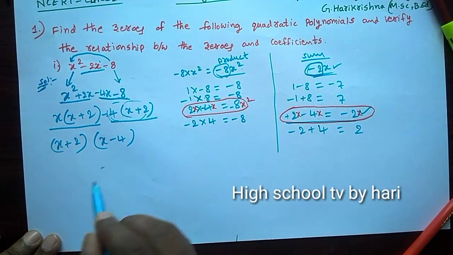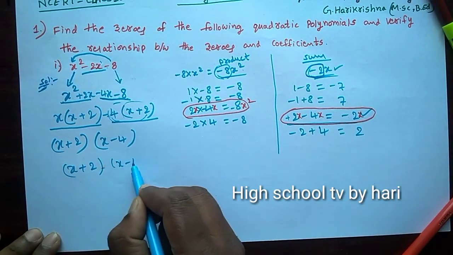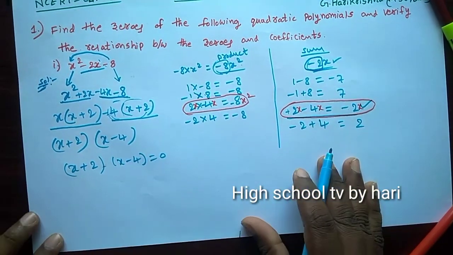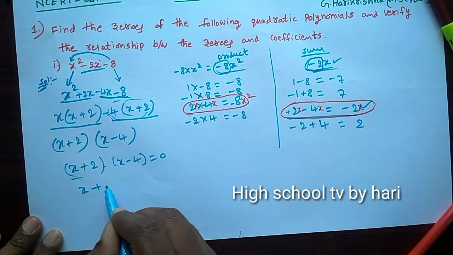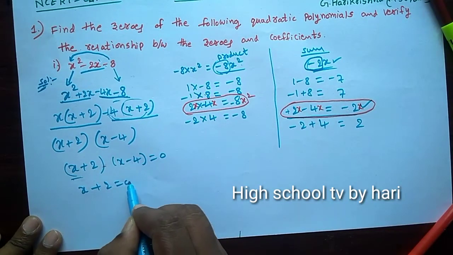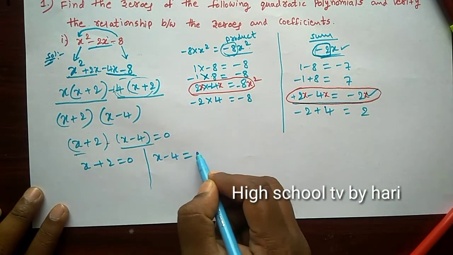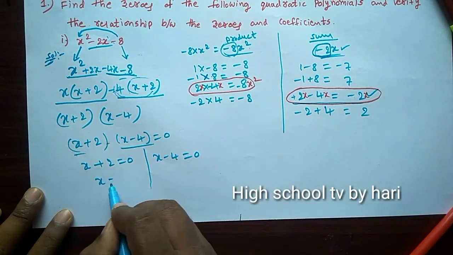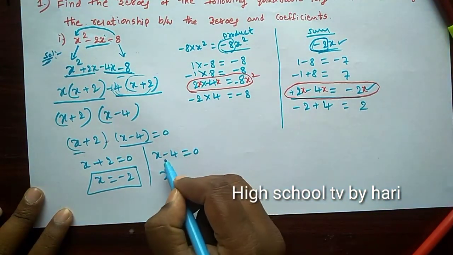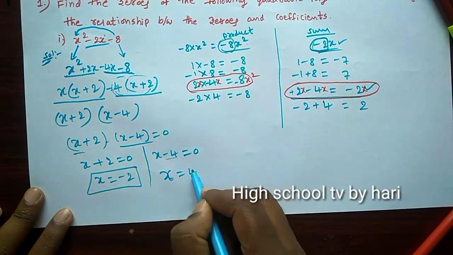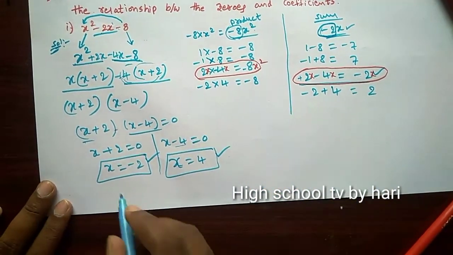By equating these to 0. x plus 2 into x minus 4 equals 0, which means either of these two factors is 0. x plus 2 equals 0 or x minus 4 equals 0. Transposing plus 2 to the other side, x equals minus 2. Transposing minus 4 to the other side, it becomes plus 4. So x equals minus 2 and x equals plus 4 are the zeros.